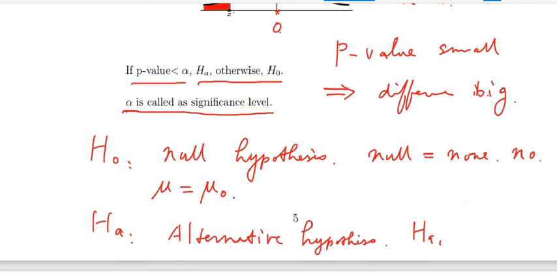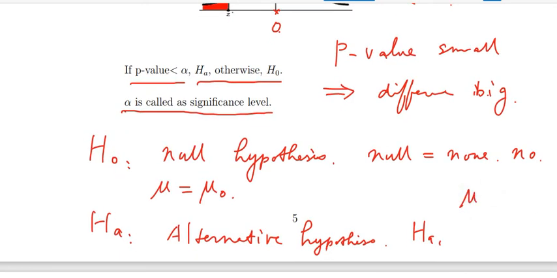Maybe mu is larger than this, right? Or maybe mu is less than this number, or mu is not equal to this number. So HA is our assumption. Some people say good, we say maybe not so good, right?